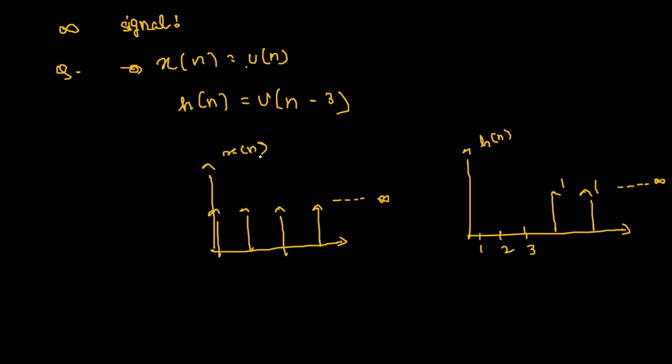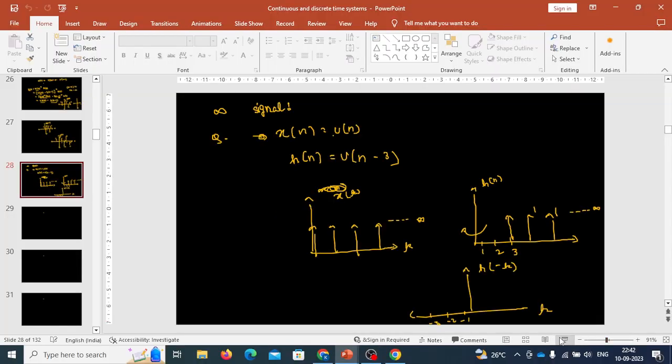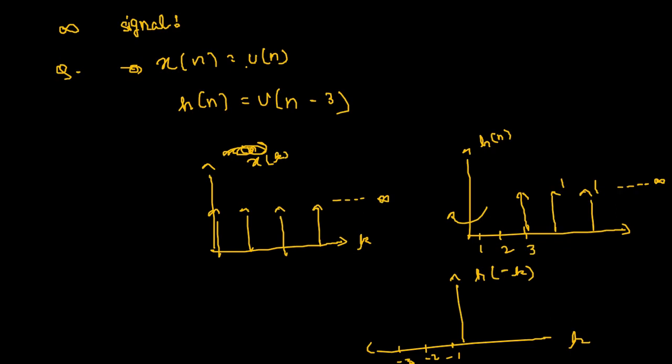Now again, the initial few steps for convolution remain the same. We fix x of n, so we take x of k and k, and then we reverse the unit impulse graph. We were talking about convolution between two infinitely long signals.